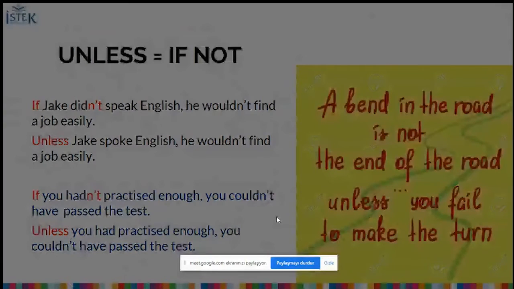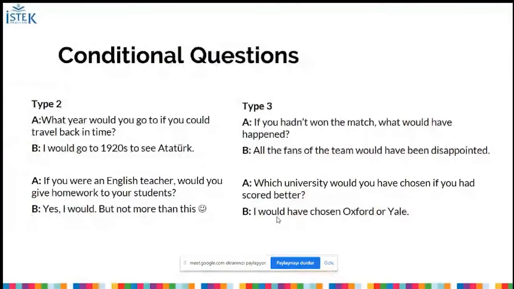Now let's have a look at conditional questions, how we form them. For type 2, we have two dialogues here, and let's have a look at the first one. What year would you go to if you could travel back in time? This is type 2, everyone.